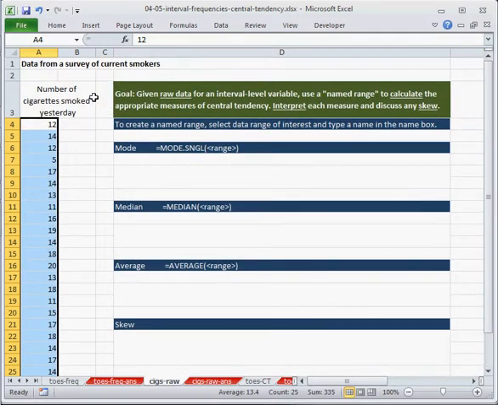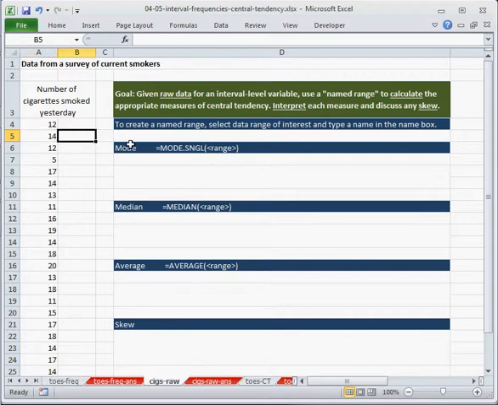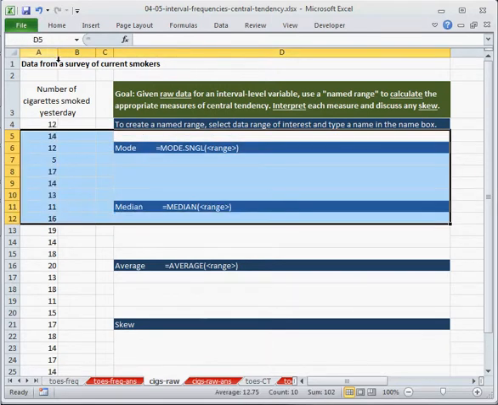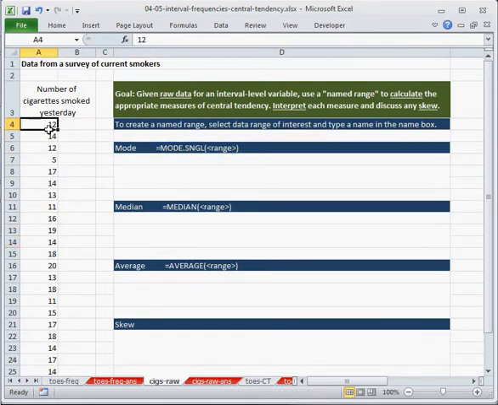So let's look at our variable here. Our variable is number of cigarettes smoked yesterday. So let's say cigs. Enter. Now you can see that when I have this data selected, cigs appears. Any other cells or anything else, it's not cigs. Okay.